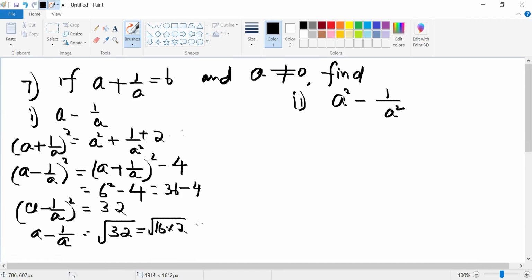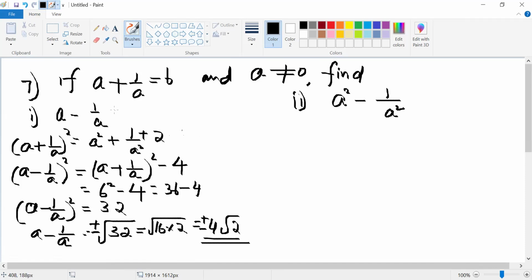So that you can take out. So this will be 4 root 2. And the problem is, a minus 1 by a whole square, and we are getting a minus 1 by a by square root. So square root can be plus or minus, because a square is always positive, no? So plus or minus value we have to take. So here also plus or minus should be there. Plus or minus 4 root 2. This is a minus 1 by a. Clear?